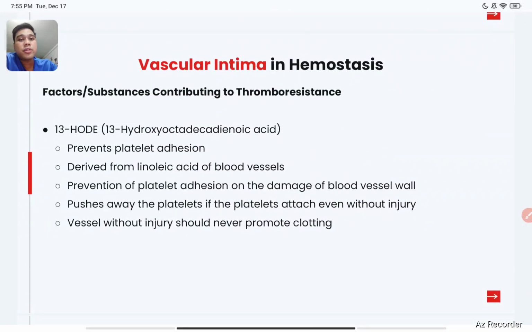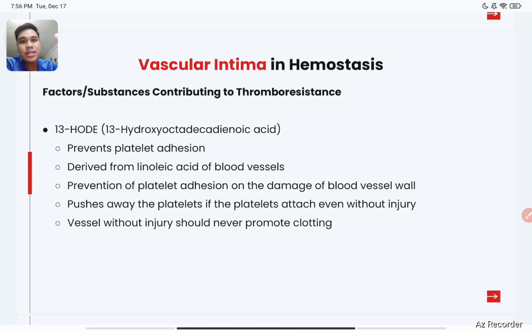Another one is your 13-HODE, which stands for 13-hydroxyoctadecadienoic acid. Napakahaba, 13-HODE na lang for short. Or 13-HODE, para mas brainy na pakinggan. Hindi EDTA, like EDTA. So it prevents platelet adhesion, and it's derived from linoleic acid of the blood vessels.